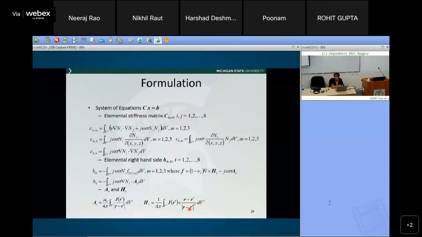The source is only on the right hand side, so I just have to change the right hand side with the interpolated fields at each point. It's a lot of convenience, and this was a 2005 PhD thesis, and since then we've been using this for all our modeling.